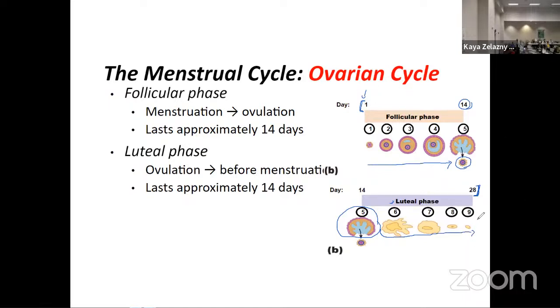So we can see this remaining structure slowly disappearing. So we're splitting the ovarian cycle in half between follicular phase and luteal phase. The halfway point is ovulation, occurring around day 14. Menstruation is actually at the beginning.